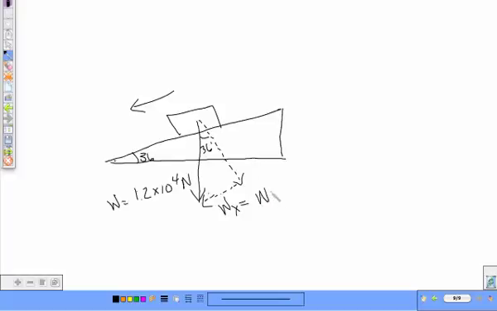So we'll take our weight times the sine of 36. 7,053. That would be WX, right? That's the force that's causing the car to roll.